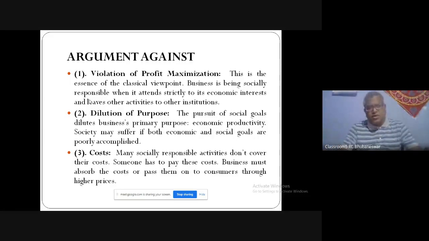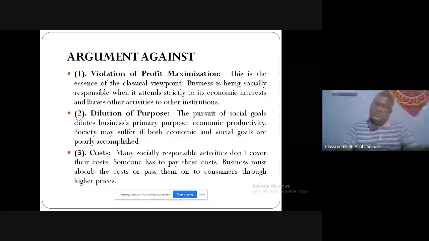Another one is cost. Cost means here the responsibility activities which do not cover their cost. It means the product cost, or the cost which is passed to the customer through a higher price. Customers always want good quality products or services, but they are reluctant to pay an extra amount of money.